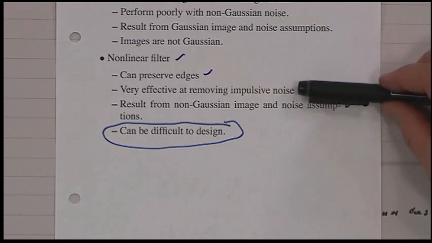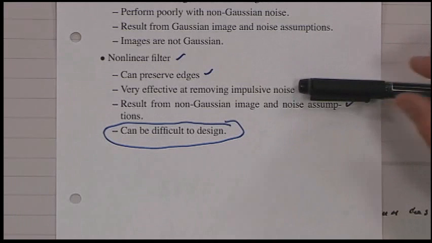Impulsive noise is another case. If you have Gaussian noise, that's fine. That might be the kind of noise you would get from an amplifier, say a camera designed to work at very low noise levels. You might get thermal noise, basically shot noise from the electrons, which can be very accurately modeled as Gaussian.